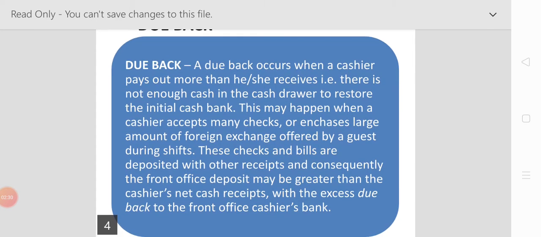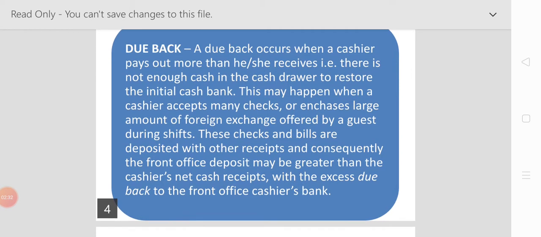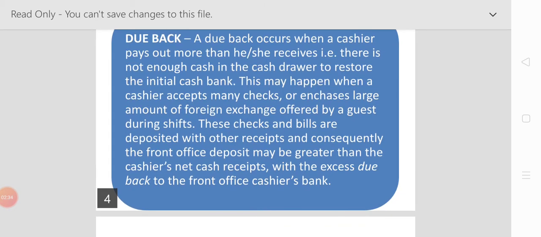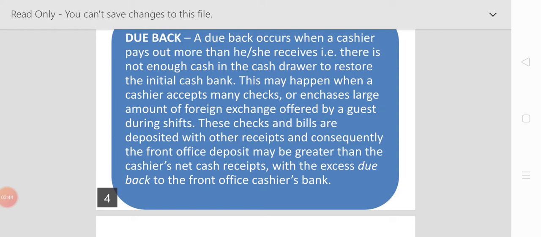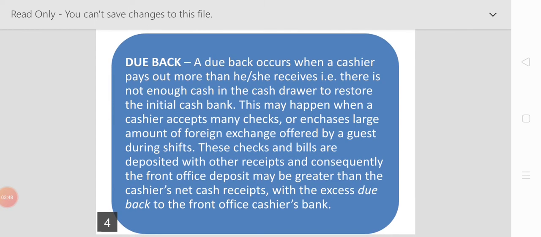These checks and bills are deposited with other receipts and, consequently, the front office deposit may be greater than the cashier's net cash received, with the excess due back to the front office cashier bank. That is what is called the due back.